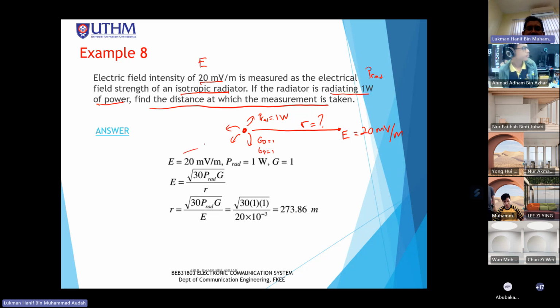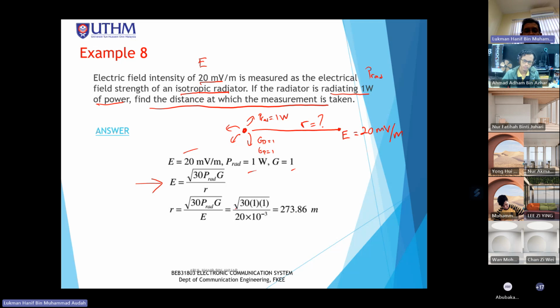The E field is given, P radiation and gain are given, so we can use this E field equation. E field is equal to square root of 30 times P radiation times G, divided by R. If we rearrange, R is equal to the square root of 30 times P radiation times G divided by the electric field.